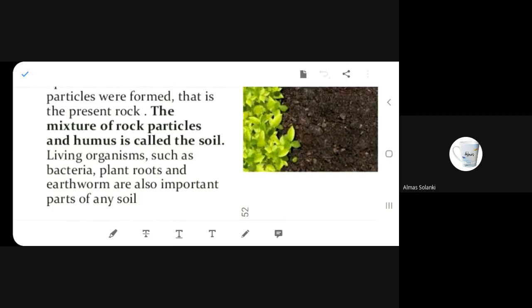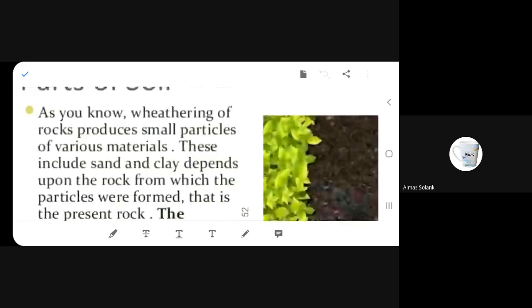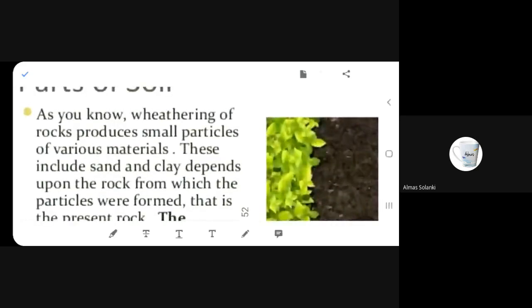Now, what we know about weathering is that nature is breaking big rock pieces into small rock pieces, right? That is the meaning of weathering. So weathering is producing small particles of different types of rocks. Now, it can be sand, it can be clay, depending on what they originated from.